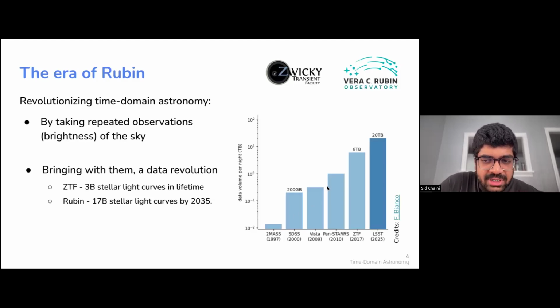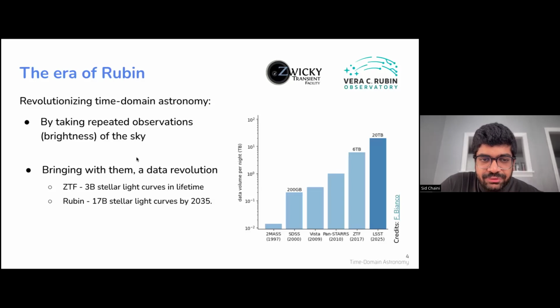I'm particularly interested in the last two of these, so ZTF and LSST. The Zwicky Transient Facility can be thought of as a precursor survey to the Rubin Observatory's Legacy Survey of Space and Time. And we can see that even here, there's an order of magnitude of difference in the amount of data collected.